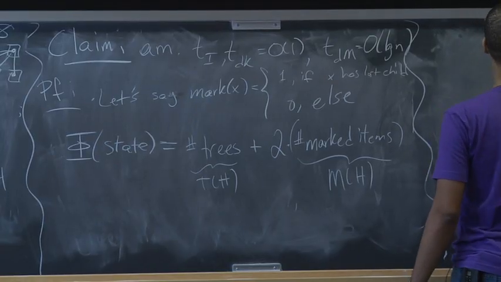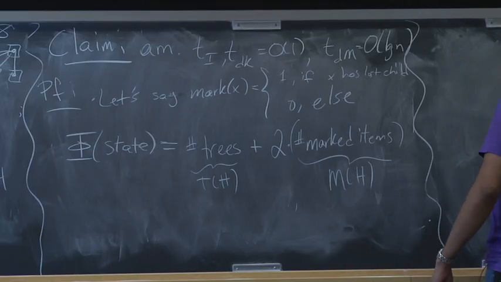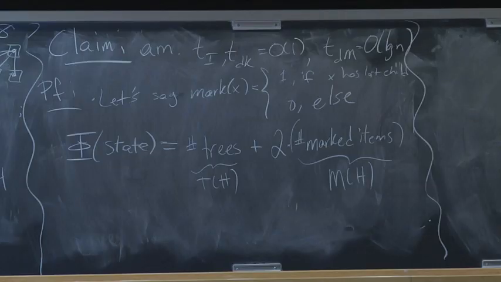So where do these potential functions come from? Usually they're just engineered from trying to make a proof work. You look at the state of the data structure and you say, after I do an operation, what changed after that operation?